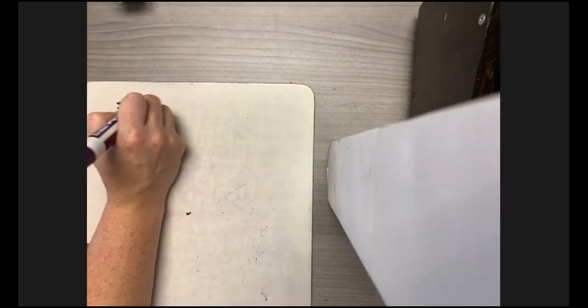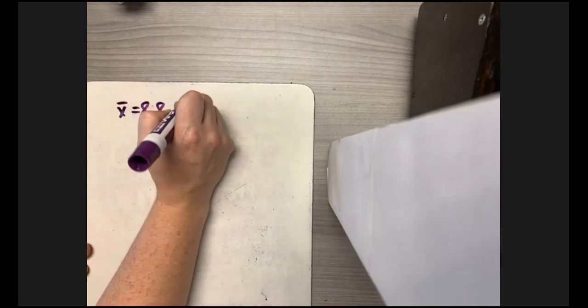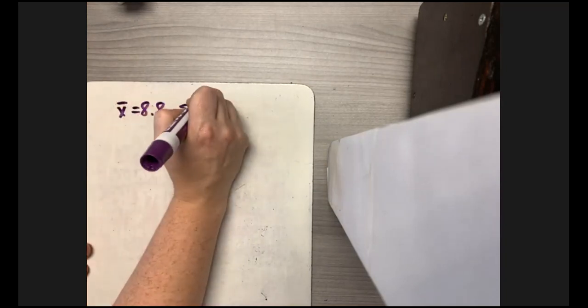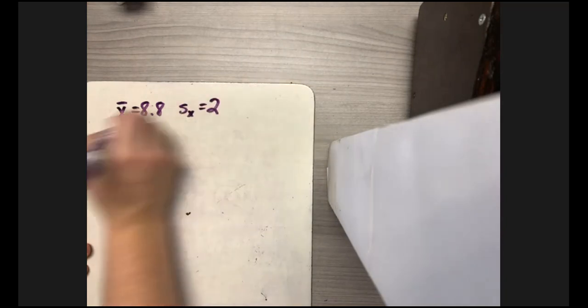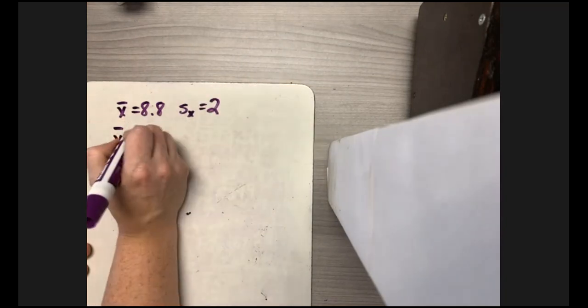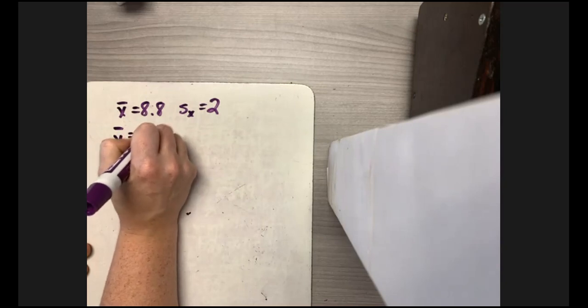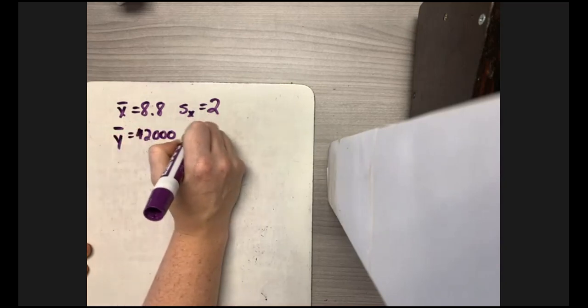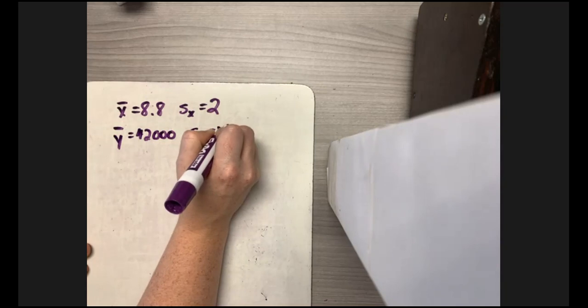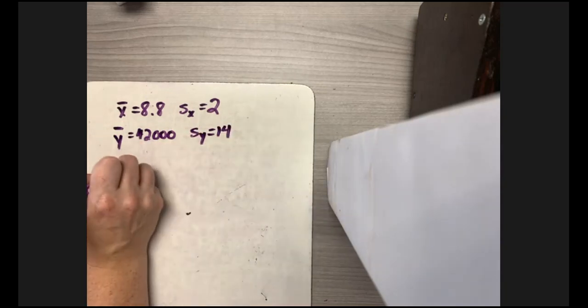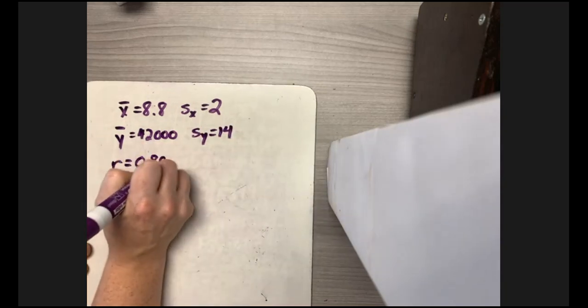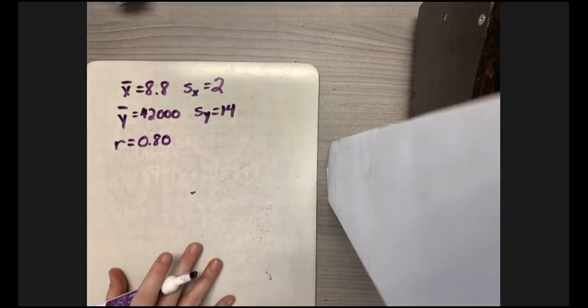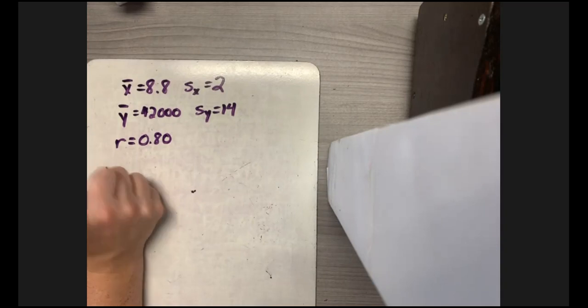They indicated that X bar was 8.8, SX was 2, Y bar was 42,000, SY was 14, and they told us that our R was 0.80. And they wanted us to find the regression line from this. So this is more of following the rules that they gave us.